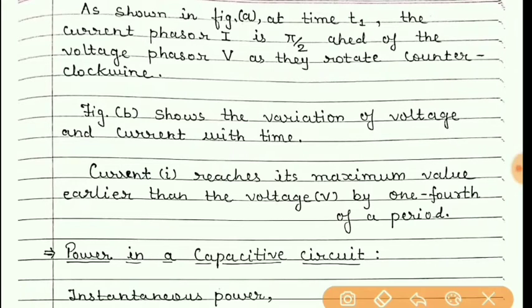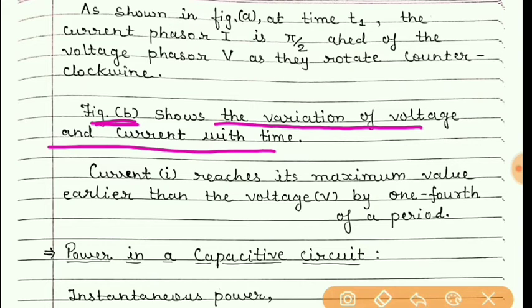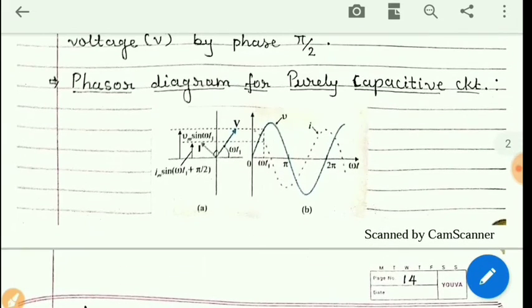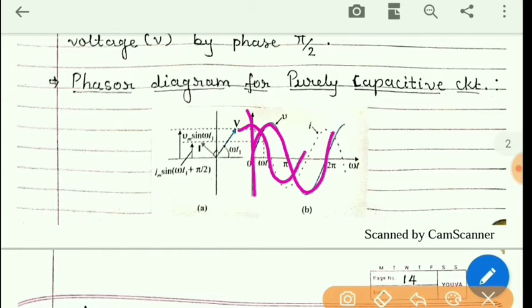Now figure B shows the variation of voltage and current with time. Which figure? This figure shows the voltage and the current varies according to time. And this is the phasor diagram.